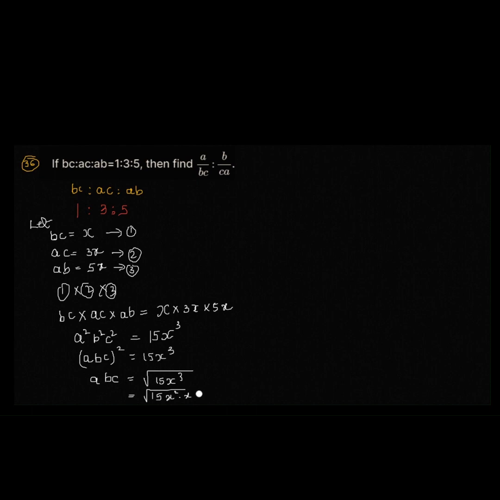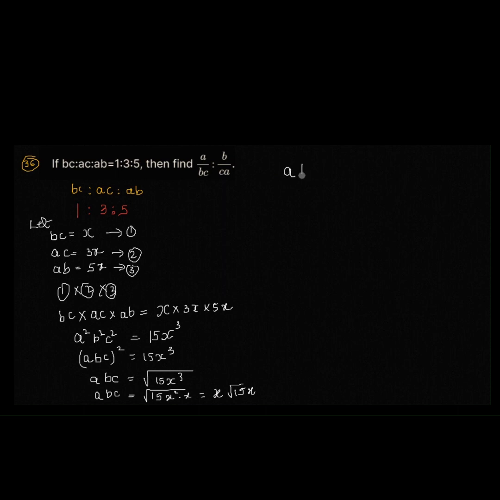As a result we can bring the x outside, which is x times root 15x. And now we got ABC, and I'm going to change this ABC into some values of x. Because I see here everything in terms of x, so when I convert the ABCs also in terms of x, I can simplify even further.